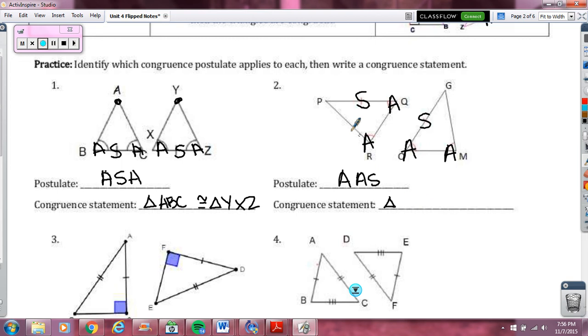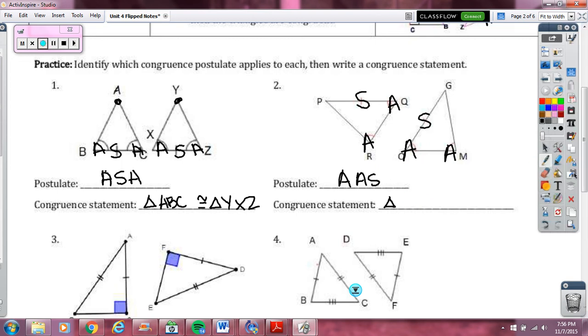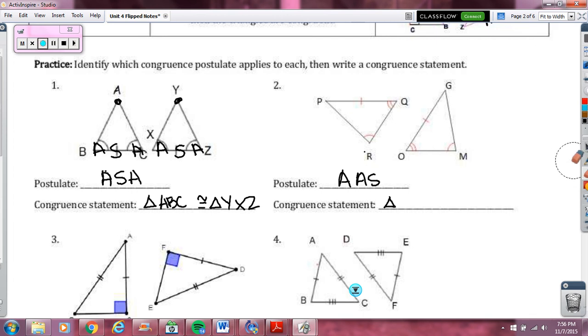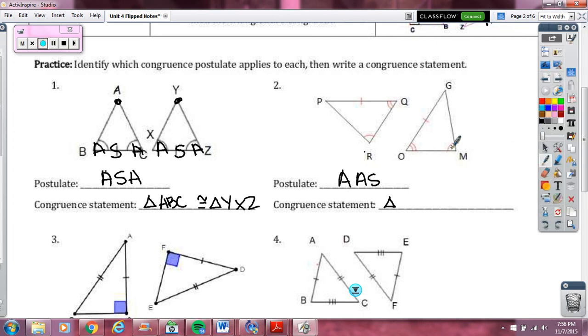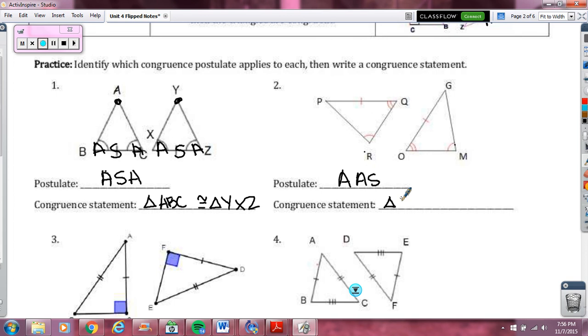My congruent statement, let me maybe erase my little marks here, see what's going on. Let's see, R goes with M, Q goes with O, and P goes with G. So there's my congruent statement.